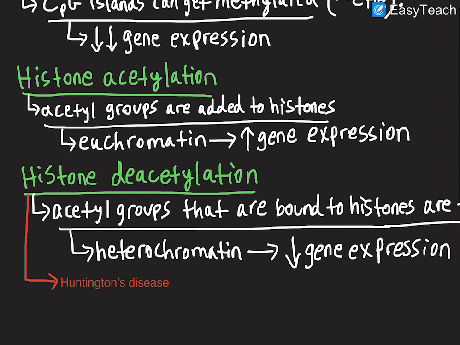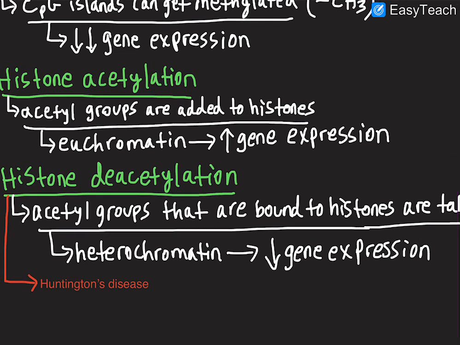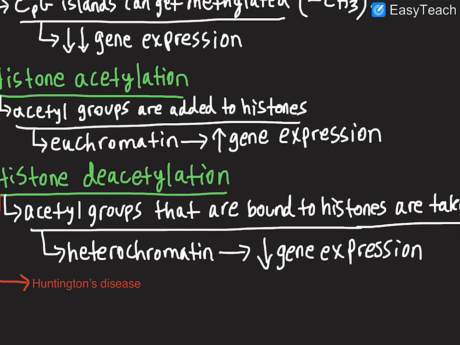So if acetyl groups increase gene expression, if you take out the acetyl groups from the histones, that's going to cause a tight interaction between histones and DNA. So heterochromatin. Because remember, acetylation decreased the positive charge on the histones, so it decreased the interaction between the positively charged histones and the negatively charged DNA.